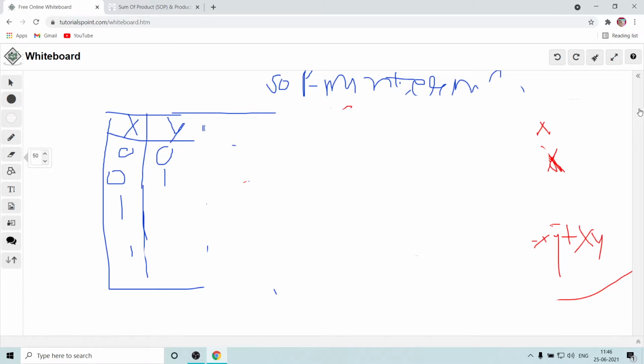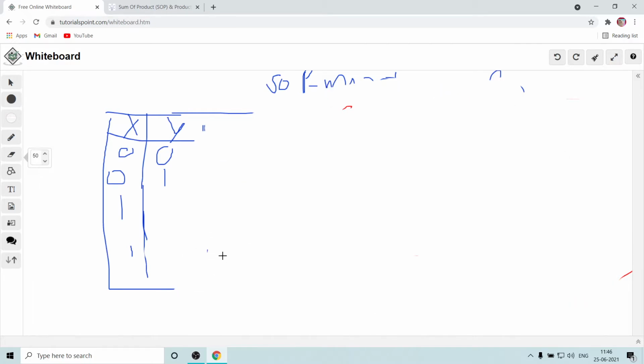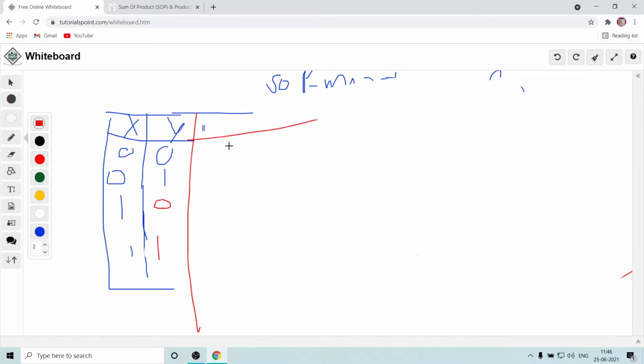In POS, it becomes just the reverse. So, the table, POS as well. So here 1, 0, 1. So here we are trying to write the POS expression now.